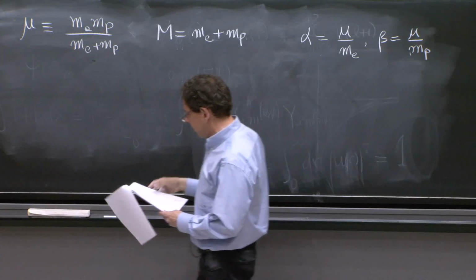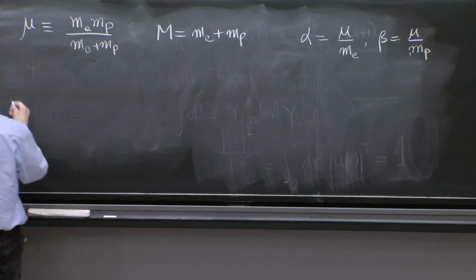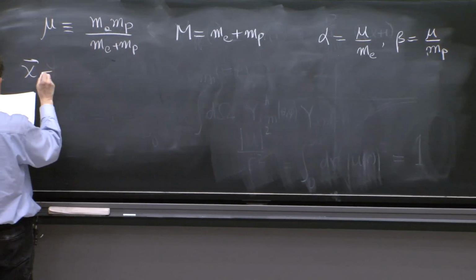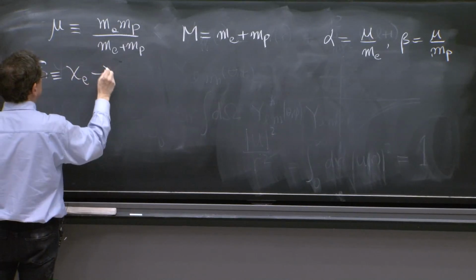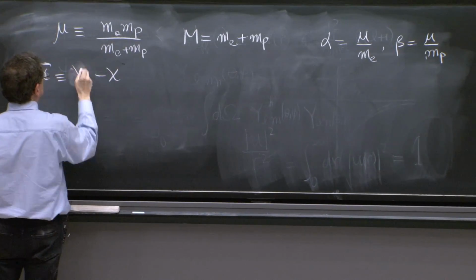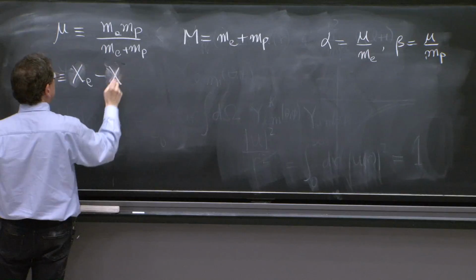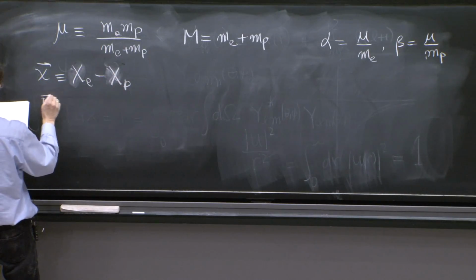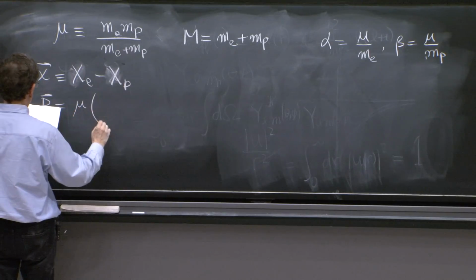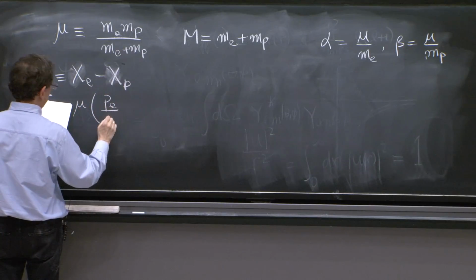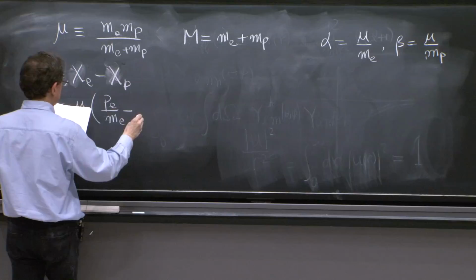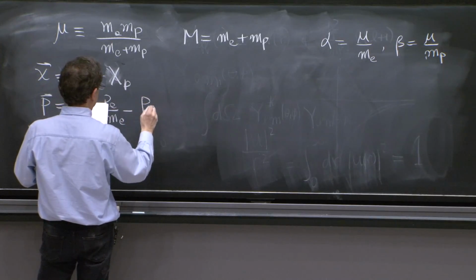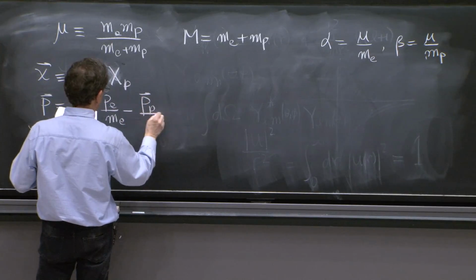Those are unit-free constants. So summarizing, the second pair of canonical variables are x_e minus x_p, and p equals mu p_e over m_e minus p_p over m_p.